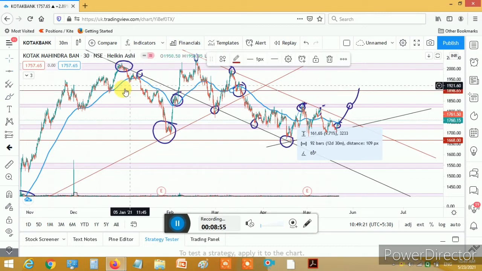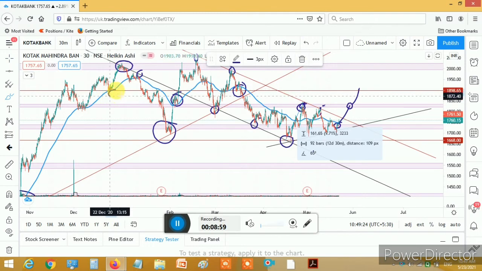This second target is 1908, because what happened here is you can see there is again a strong resistance at this point. Why? Because so many times you can see this is 1, 2, then there is a 3, so three times it is rejected, and this is 4, so there is a rejection from this point.